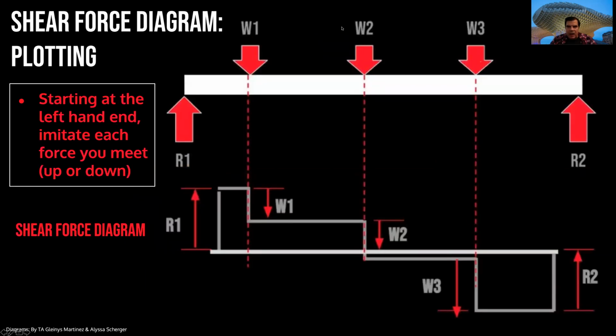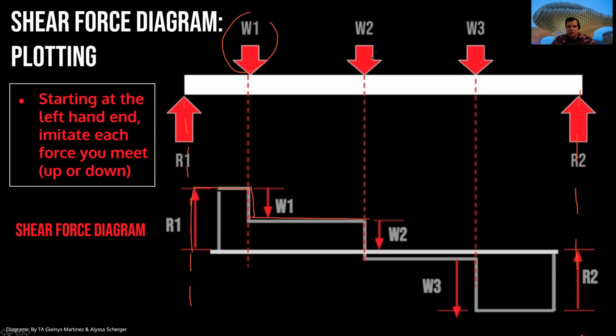Well, let's go again. How do you do the diagram? Well, you just imagine that you have one at the start, one at the end, and you go up at the start. Nothing happens, and you go W1 because you got this.